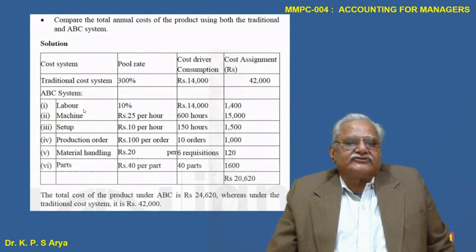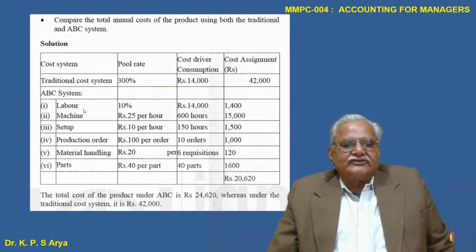Solution: traditional cost system, pool rate 300%, cost driver consumption rupees 14,000, cost assignment 14,000 multiplied by 300% is 42,000. Now, in the ABC system, labor 10% of 14,000 is 1,400. Machine rupees 25 per hour, used for 600 hours, 15,000. Setup rupees 10 per hour, 150 hours, total cost rupees 1,500. Production order, 100 per order, 10 orders, rupees 1,000.